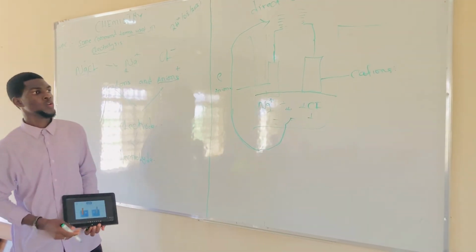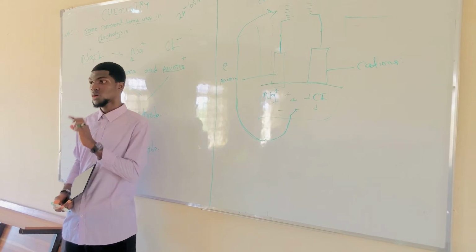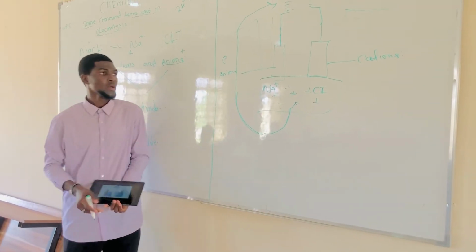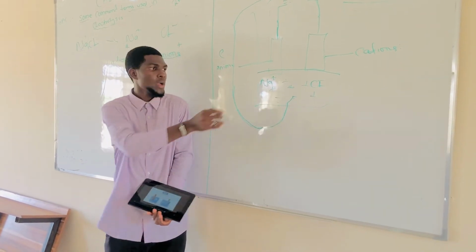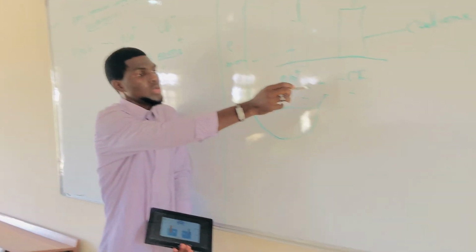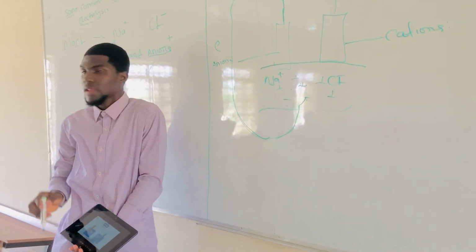You understand? So here, what is the source? I told you before, the source of all the direct current is electrons. Now in here, where is our electrode? Our electrode is anything containing this. That means the container that contains both the cations and the anions.